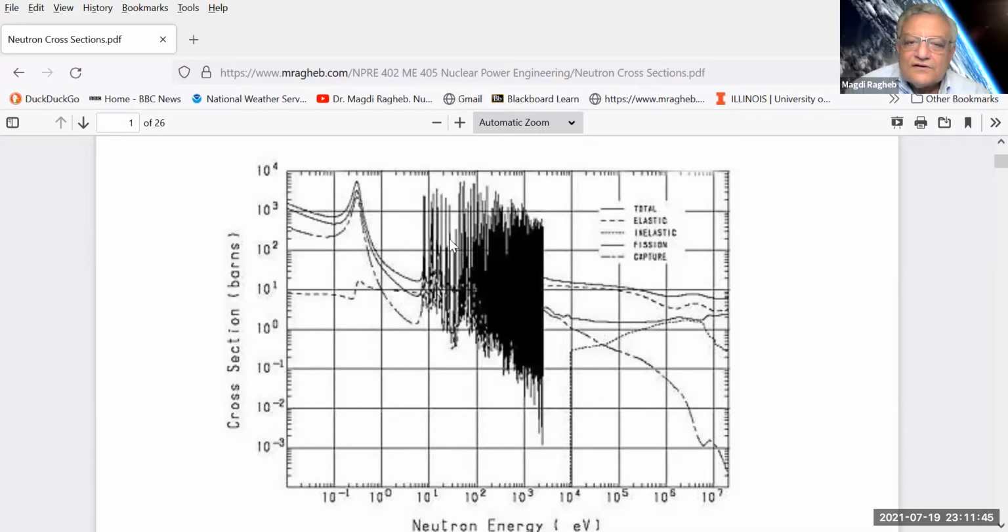A neutron is born from fission with an energy of 1 to 2 million electron volt. As it slows down, as it loses energy, it reduces its energy again and again. And in that energy area, it can be absorbed in the nucleus.